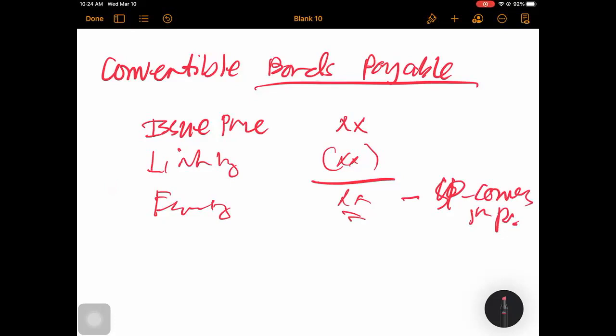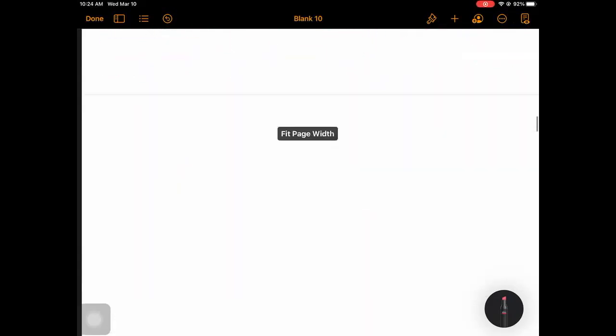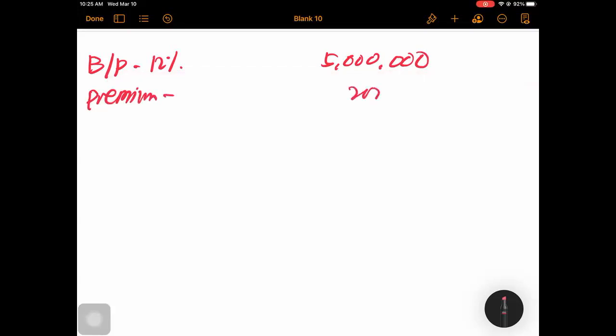Okay, so as per illustration in the books, the statement of financial position showed the following. You have bonds payable, convertible at 12% stated interest rate, 5 million. Then premium of 200,000. Then you have share capital of 10 million, with par value of 40 pesos.